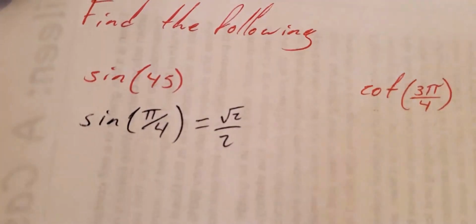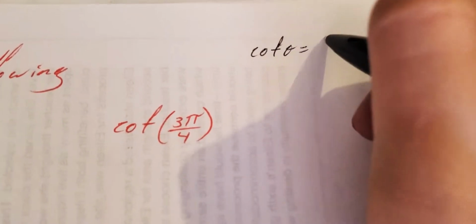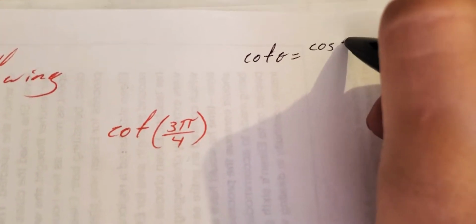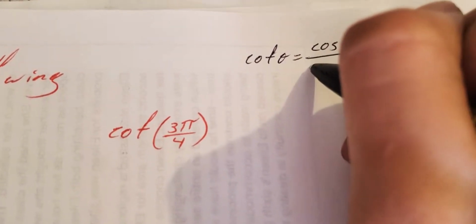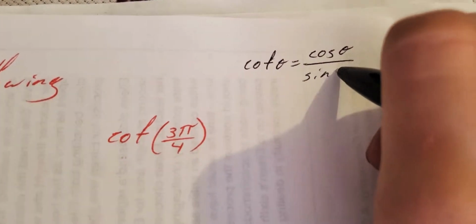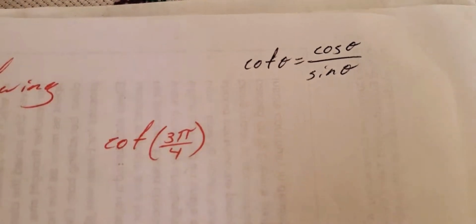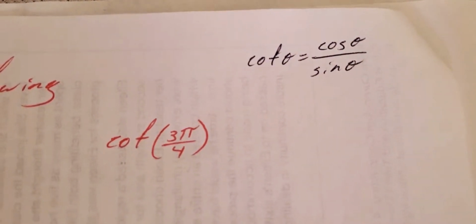That's the easy one. Now, cotangent. We have to remember one thing: cotangent of theta is equal to cosine of whatever angle we're looking for divided by sine of whatever angle we're looking for. So I have cotangent of 3 pi over 4.